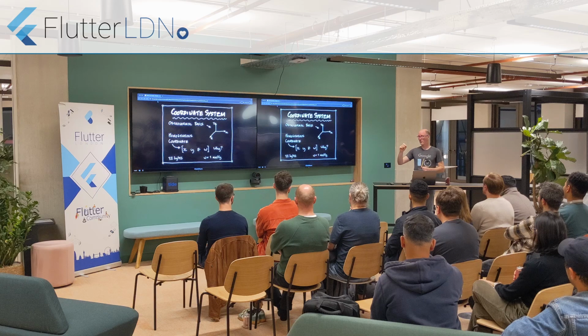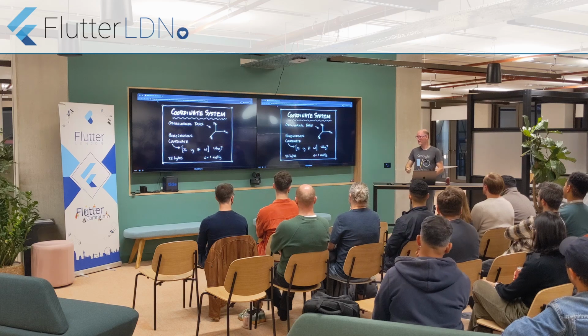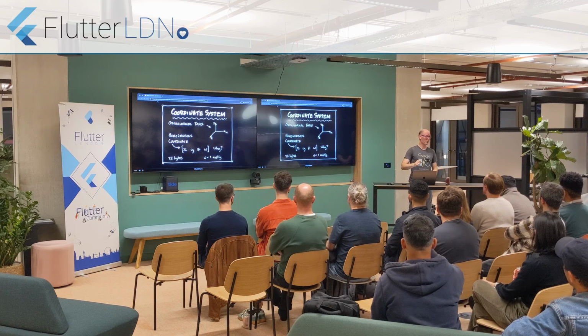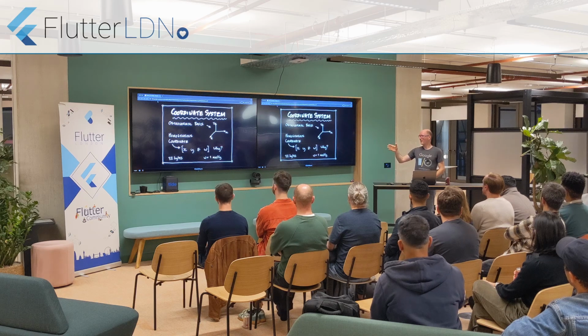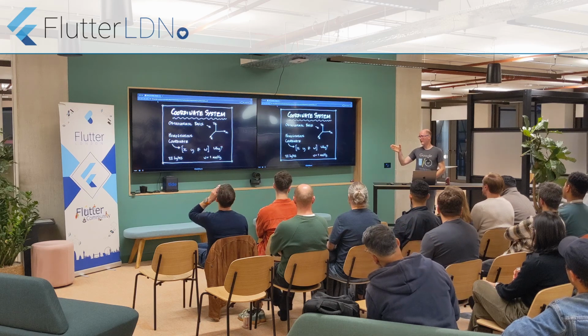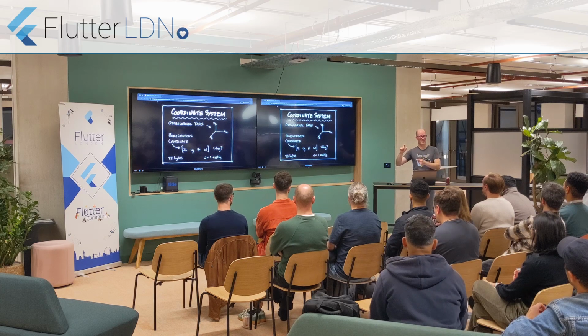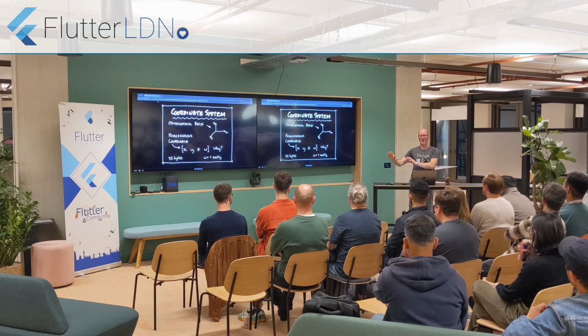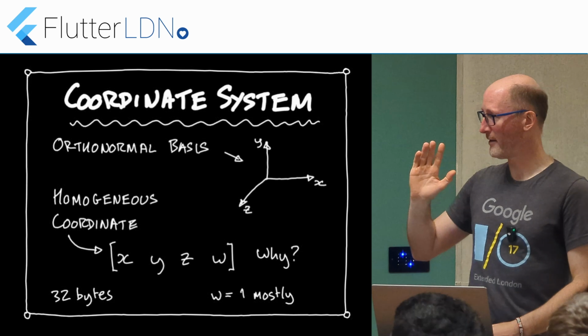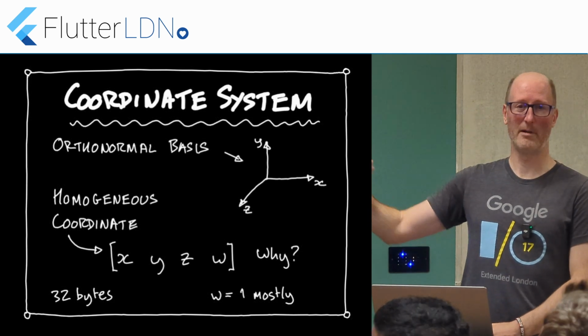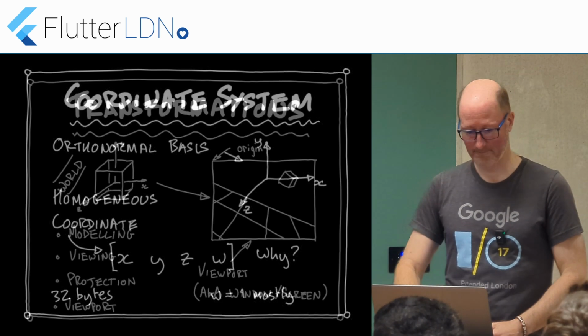In almost all cases, you probably use one. If you accidentally do arithmetic on vectors and change that one to some other value, then the rest of the calculation doesn't work. As long as that's what we're using, all good.